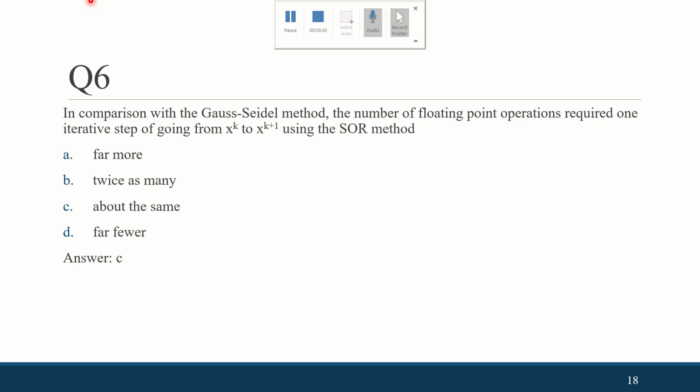So in question 6, it is asked that in comparison with the Gauss-Seidel method, the number of floating point operations required for one iterative step of going from xk to xk plus 1 using the SOR method is.